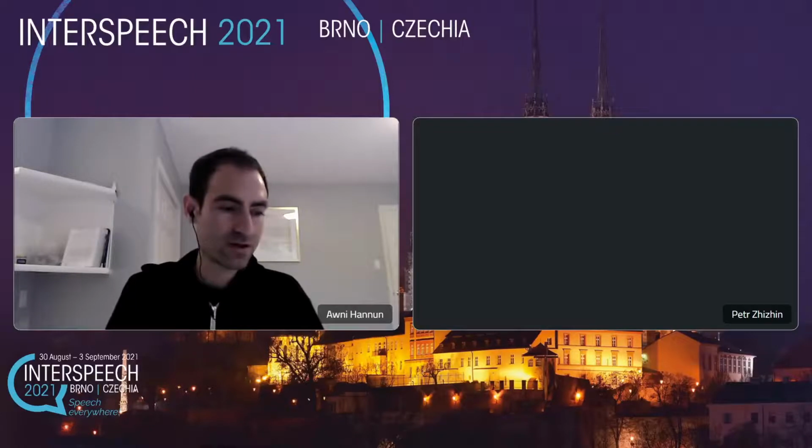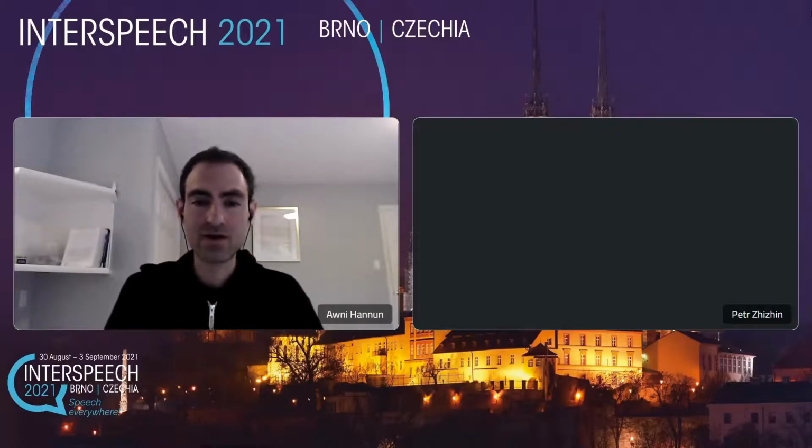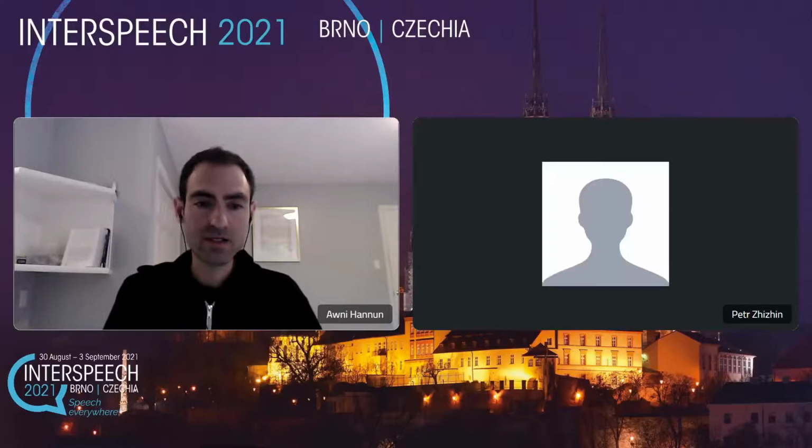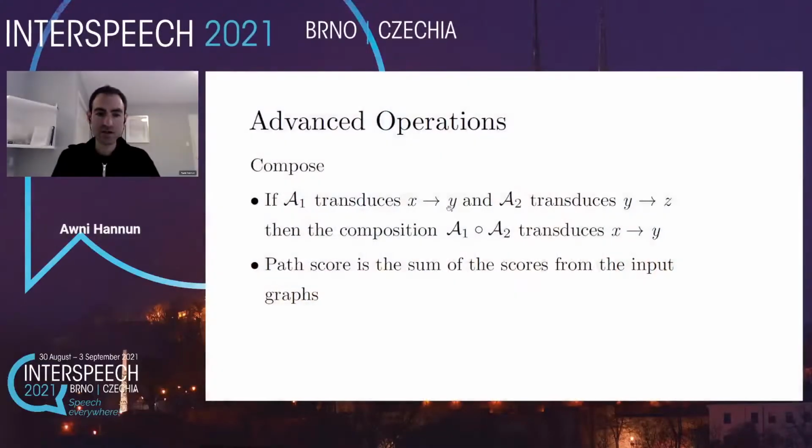Yes, good question. So the answer is yes, they are equivalent. And the reason is because if the input labels and output labels are all the same, if you go back to this slide, which has a typo, then when you're matching by the transitive property on the inner label Y, you'll also be matching on the outer labels.